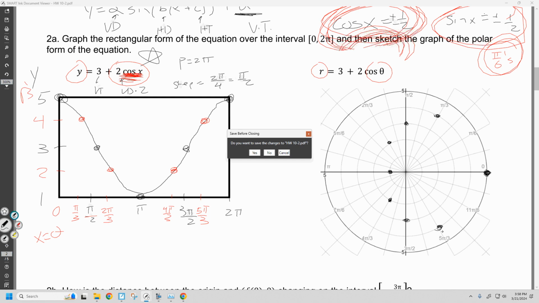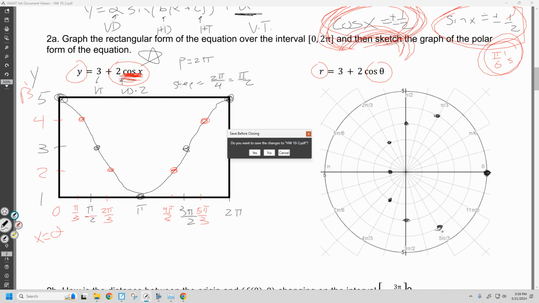Yeah, careful. Okay, now, one extra thing before we connect the dots that we need to be careful of that is important. If I connect these 2 points with a straight line, I am wrong. I know for a fact I'm wrong because of this reason. Between the angle of 0 and pi over 3, my radius is between 5 and 4. Let's think about the radius of 4 and the radius of 5.